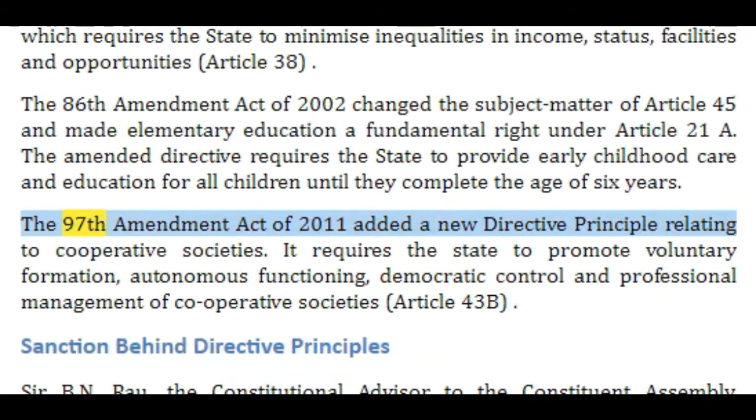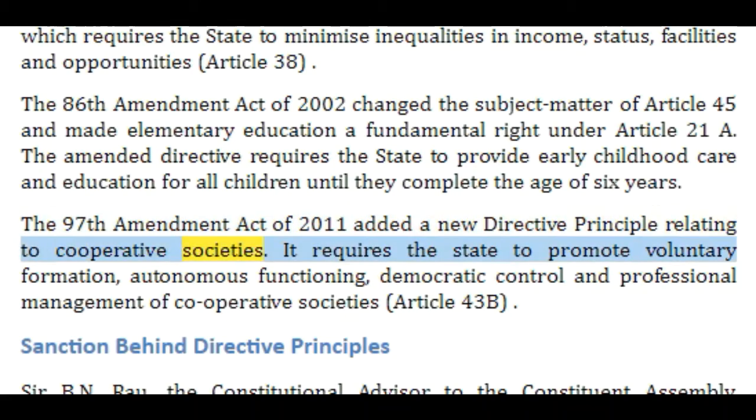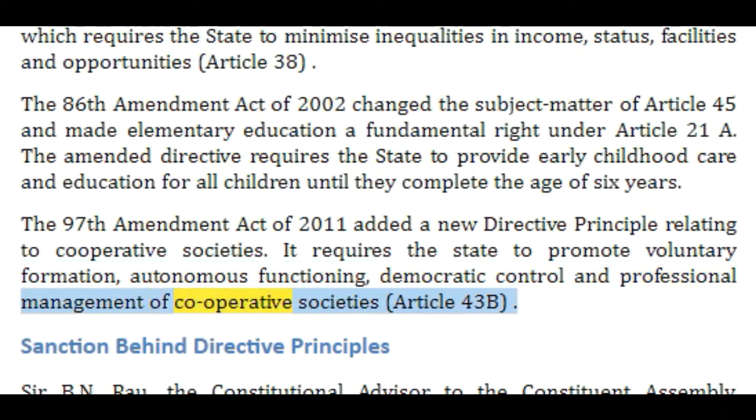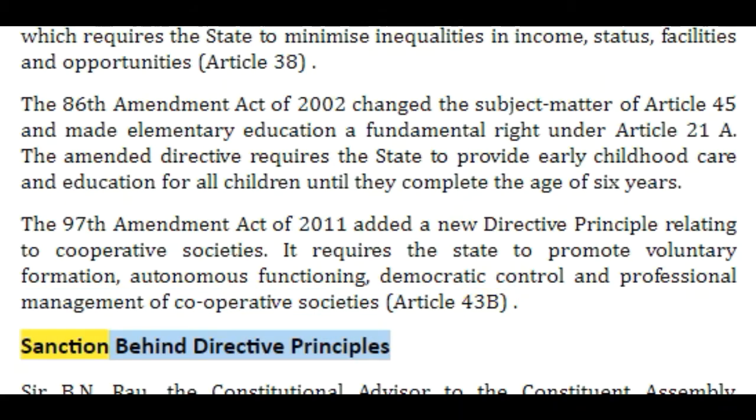The 97th Amendment Act of 2011 added a new directive principle relating to cooperative societies. It requires the state to promote voluntary formation, autonomous functioning, democratic control, and professional management of cooperative societies. Article 43B.